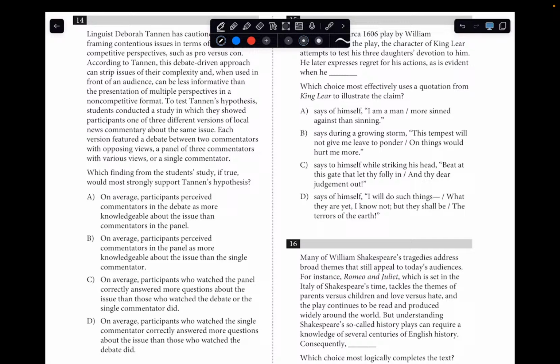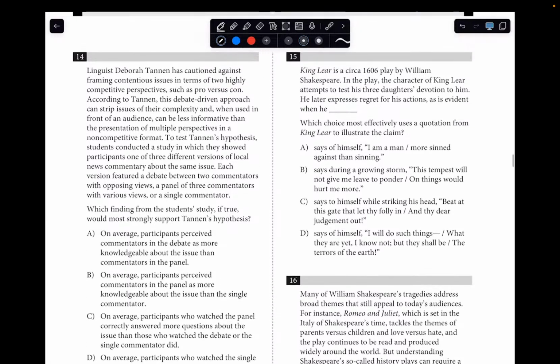Each version featured a debate between two commentators with opposing views, a panel of three commentators with various views, or a single commentator.